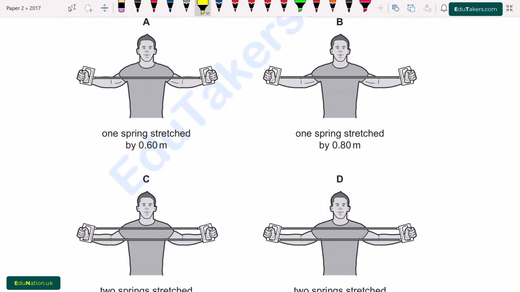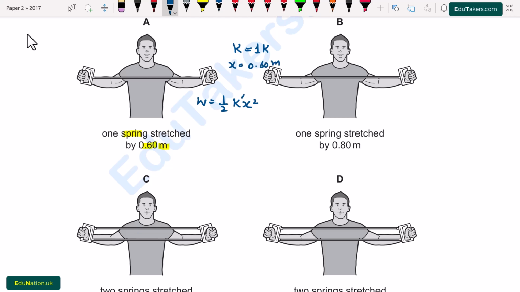In the option A, there is one spring stretched by 0.60 meter. So work done in this case will be equal to 1 over 2 kx square. Here there is only one spring, so k will be equal to 1k, while x will be equal to 0.60 meter.